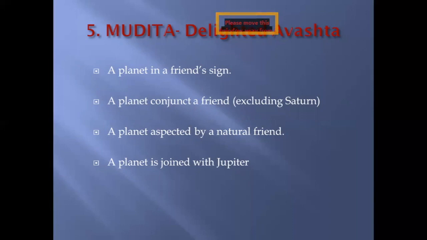So a planet with Jupiter will always give delight. Okay, so a planet in a friend sign, conjunct a friend, excluding Saturn, aspected by a friend, or joined with Jupiter. Okay, conjunct Jupiter.